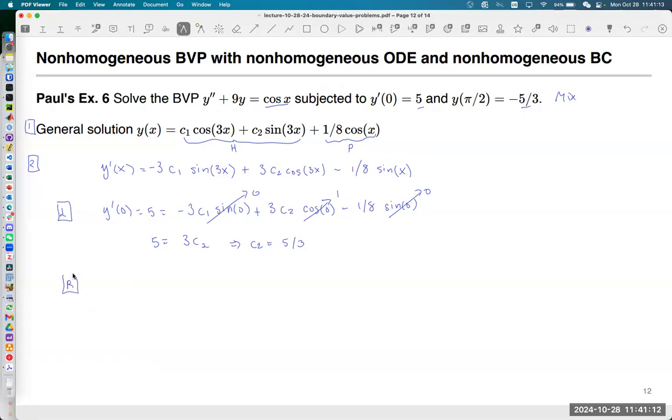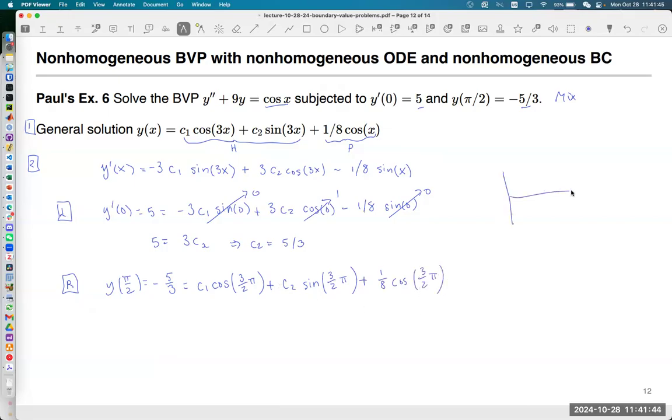Right boundary condition, we have y, the original function at pi over 2 is equal to minus 5 over 3. So I will substitute the original general solution x as pi over 2. So C1 cosine 3 divided by 2 pi plus C2 sine 3 divided by 2 pi plus 1/8 cosine 3 divided by 2 pi.